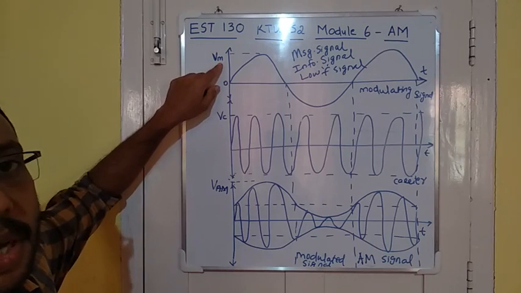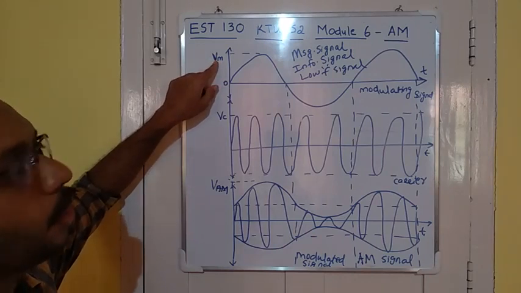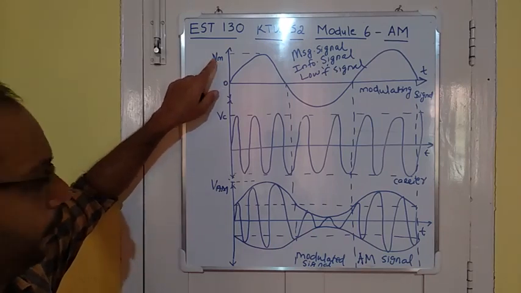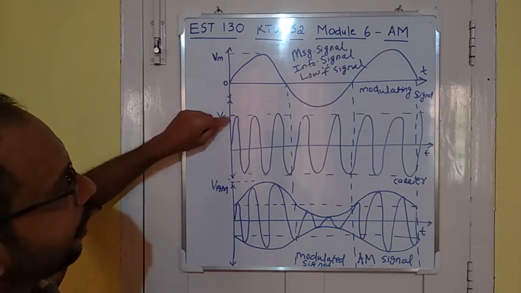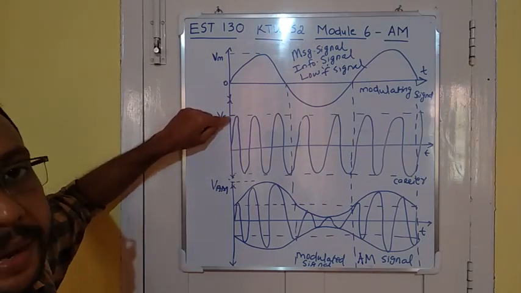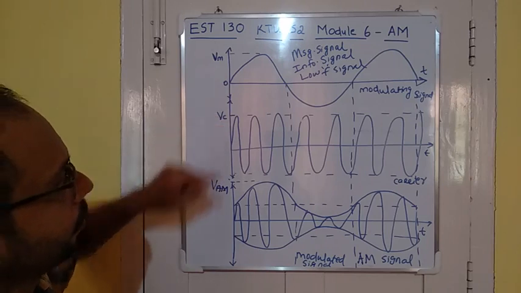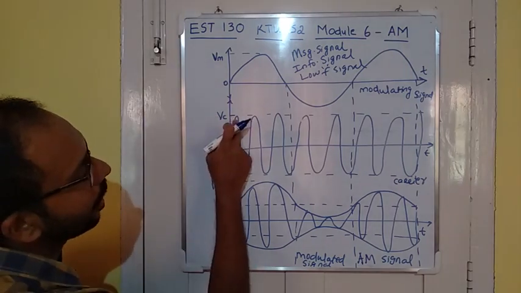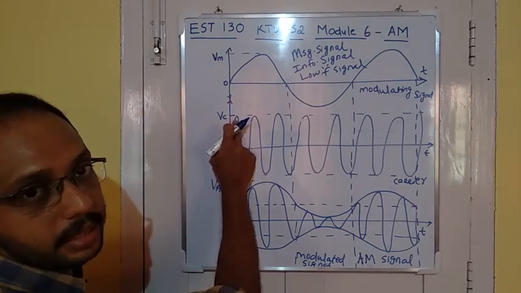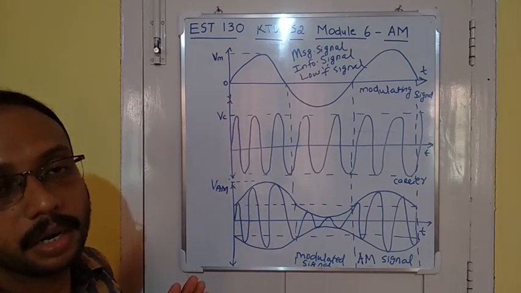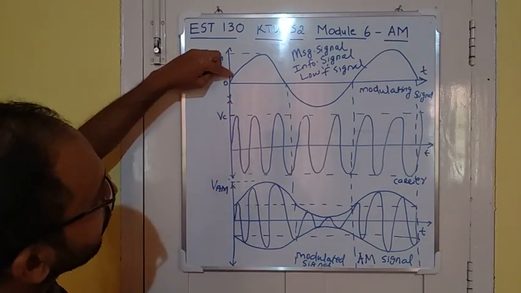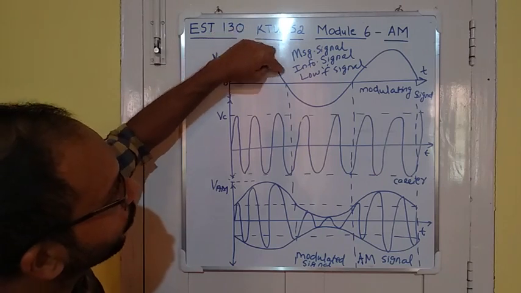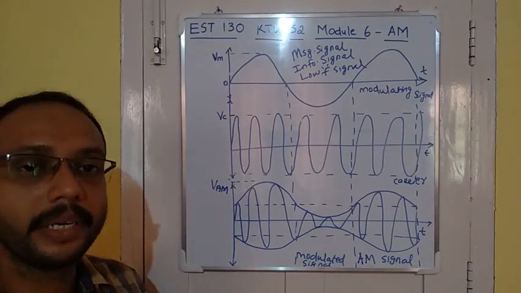Vm represents the modulating voltage, or modulating signal. So this is the maximum amplitude of this carrier signal. This amplitude of the carrier signal is varied with respect to the instantaneous amplitude of this modulating signal.